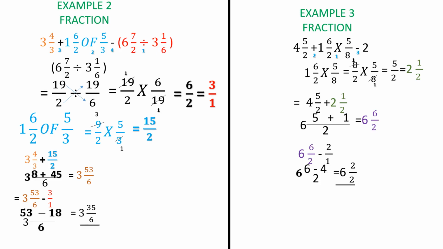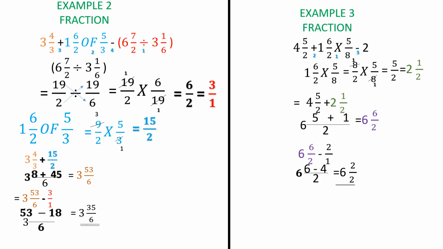Now our second step is addition, and addition is found in the middle of the answer of multiplication. We add it with 4 whole number 5 over 2. So therefore we are going to have 4 whole number 5 over 2 plus the answer that we got from multiplication.